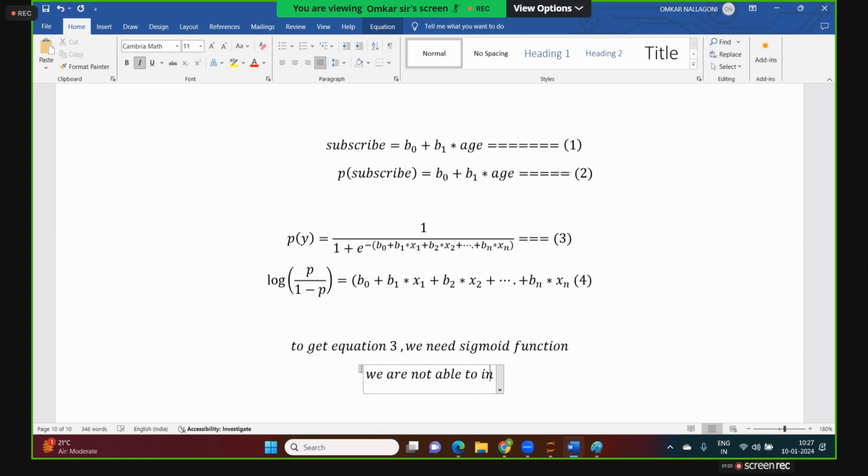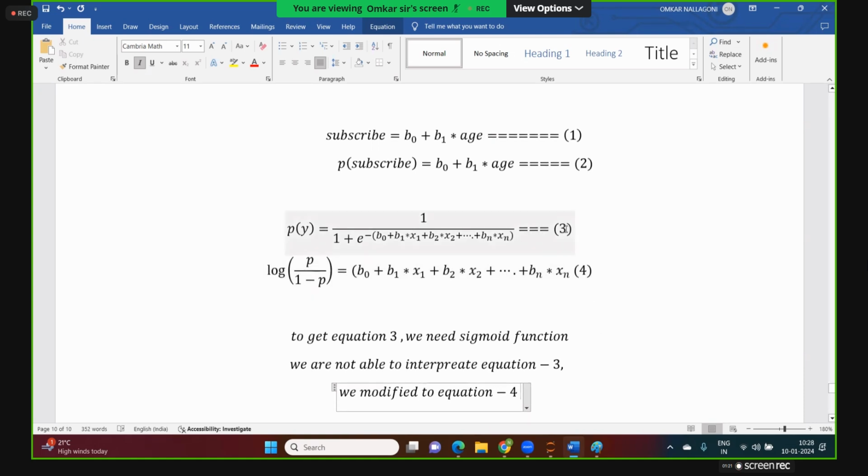That's why we modified it into equation 4. So you need to learn equation 3, the sigmoid function, the modification mathematics, and finally settle with equation 4.